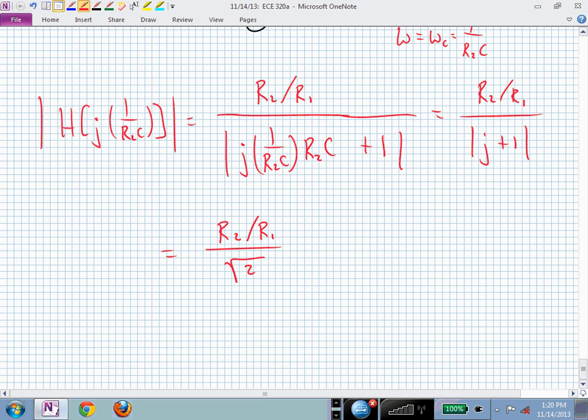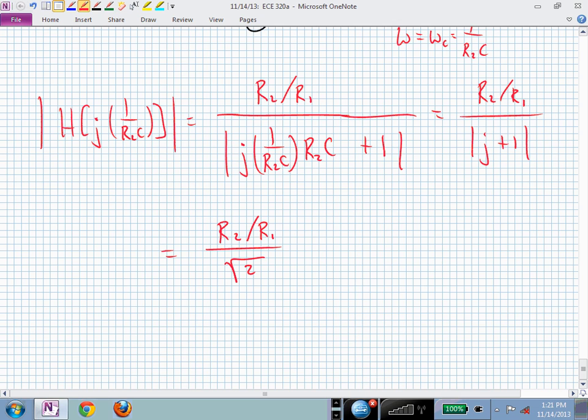And then take the square root. And each of those is 1. So at the cutoff frequency, the real part of our pole factor is equal to the imaginary part. And you can see that we're down from the DC gain by a factor of 1 over the square root of 2, which is this 0.707 value in absolute or in real numbers.